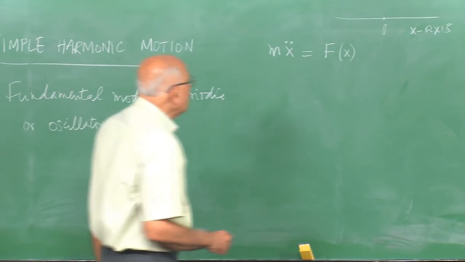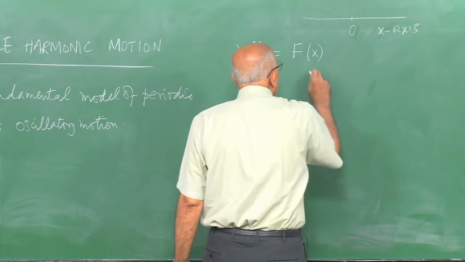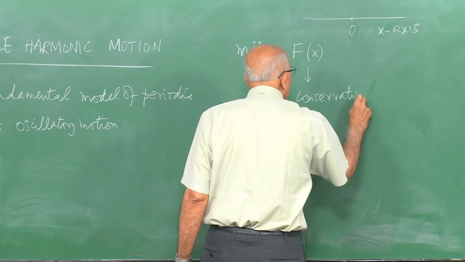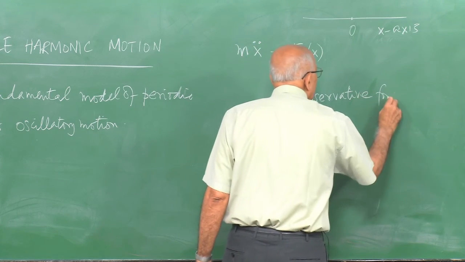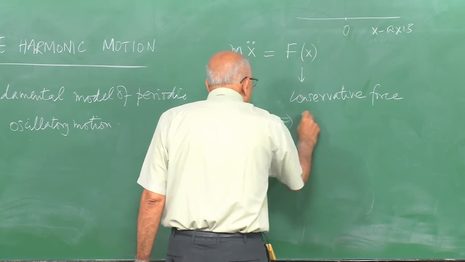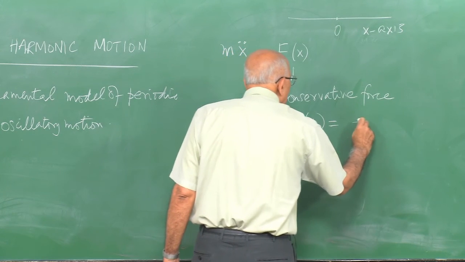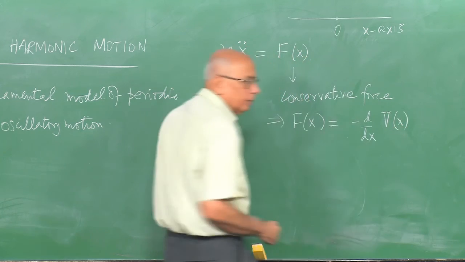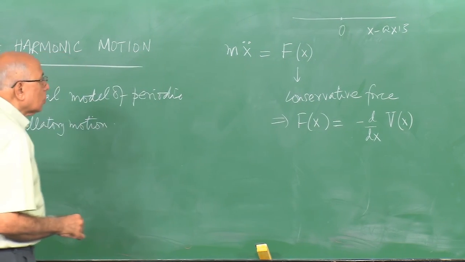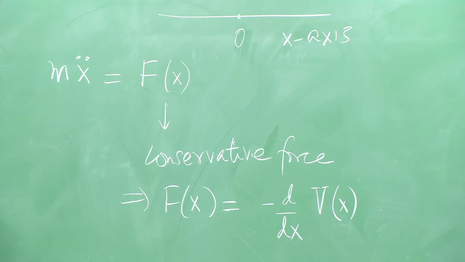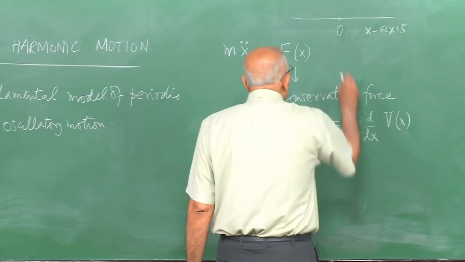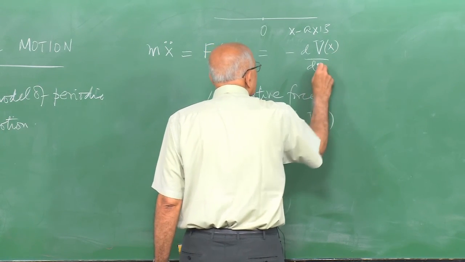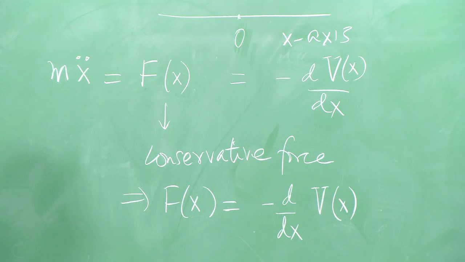Then if f of x is a conservative force, it implies that f of x can actually be written as minus the derivative of a certain quantity called the potential v of x. So let us consider the case where f is a conservative force. Then this becomes equal to minus dv of x over dx, and the task is to integrate this equation.